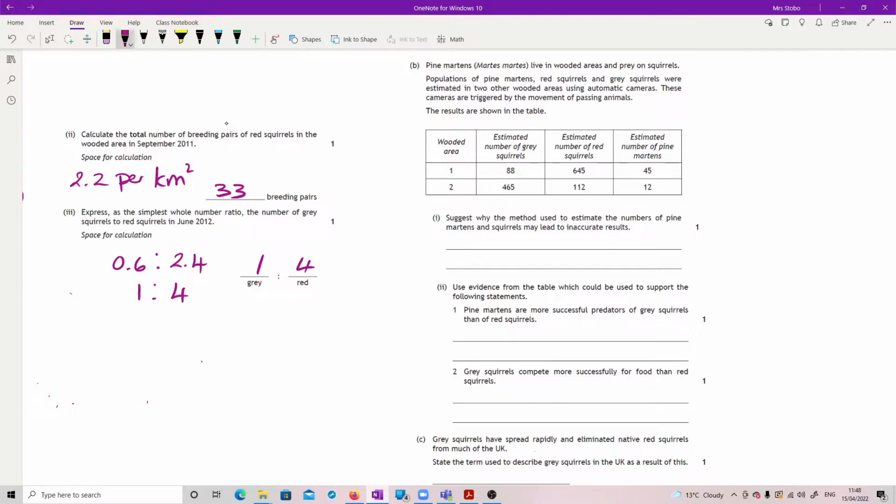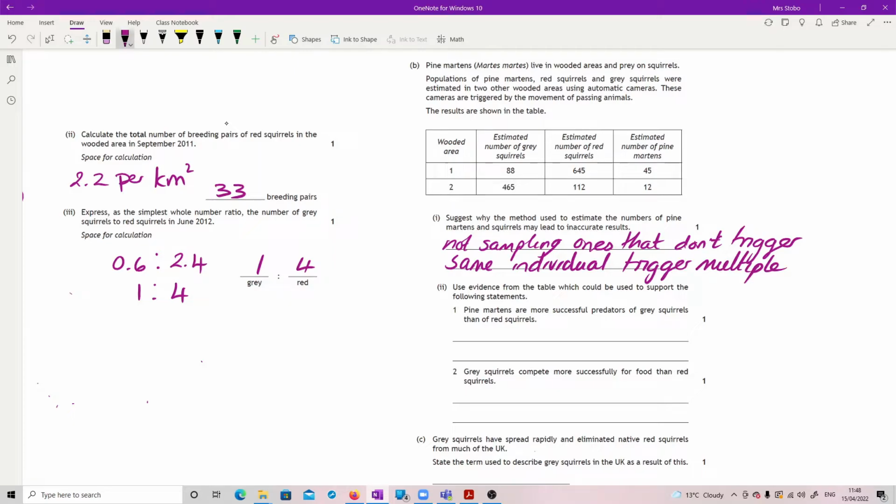Really, the most obvious one, I think, is that they don't all walk in front of the camera. So you're not sampling ones that don't trigger the camera because they don't walk in front of it. Or you could have the same individual triggering multiple times, like if it just paces back and forward.